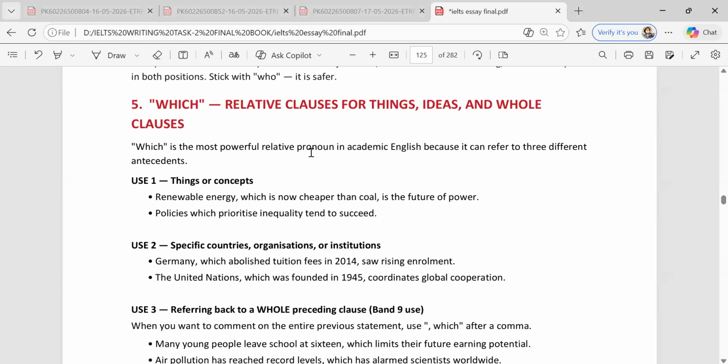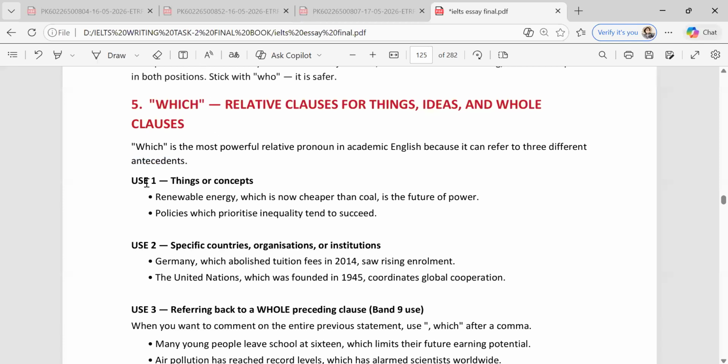Which is the most powerful relative pronoun in academic English. You will find which everywhere in IELTS reading. You may see this which in reading, and you should know how to use it in writing as well, because it can refer to three different antecedents.